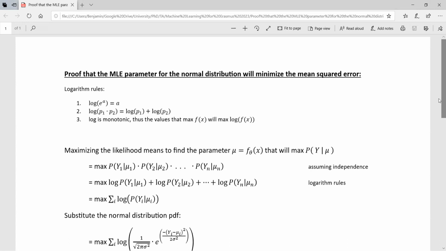So for example, the binomial distribution needs the P parameter, which is the probability of something happening, right? And then we want to find the parameter which will make the probability of us seeing the data that we saw from this parameter the highest.